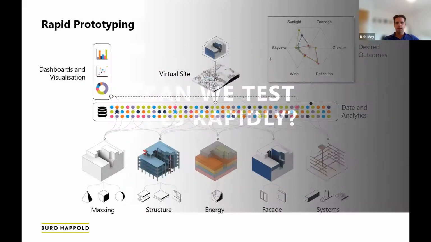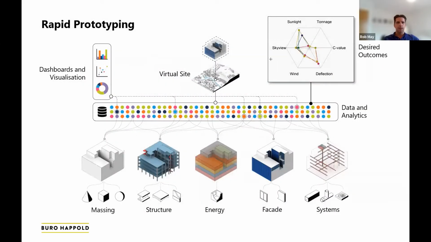So how can we rapidly prototype? If we take the spider diagram from before and plug that into essentially a database of data and analytics, and then plug in all of the different models that we need to simulate the building, whether it's the structure analysis or the energy analysis or parts of the facade that need to be analysed.